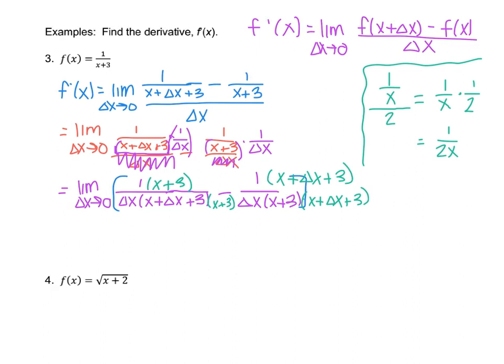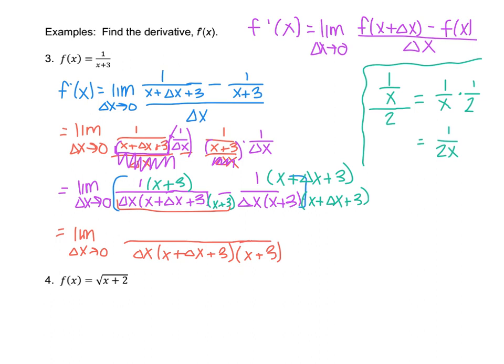Let's see. All right, so now we've got the limit as delta x approaches 0 of a single fraction with its denominator being this whole thing now, delta x times x plus delta x plus 3 times x plus 3.